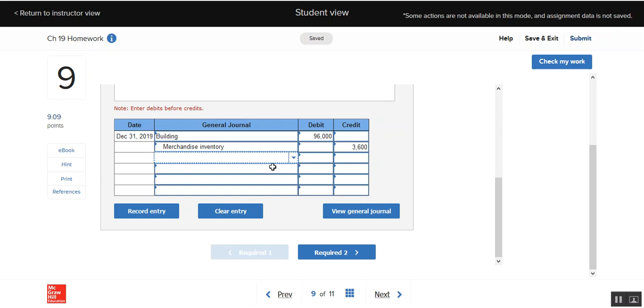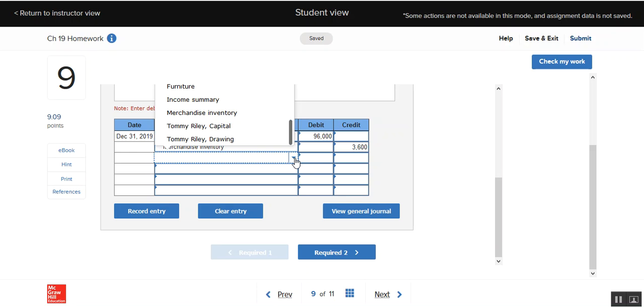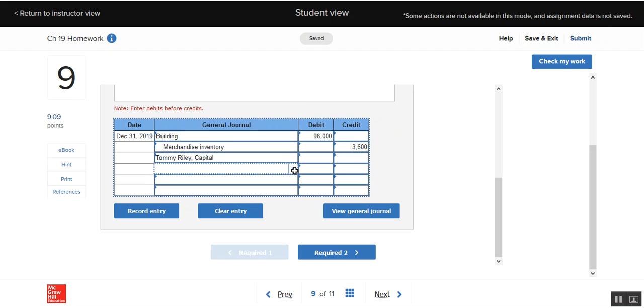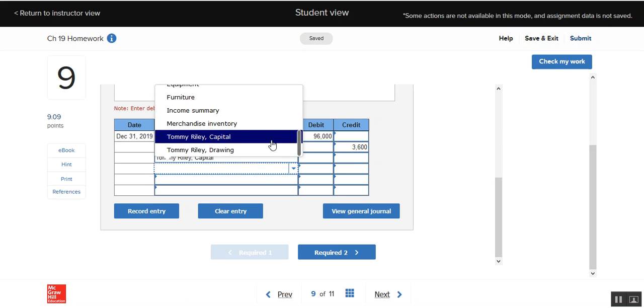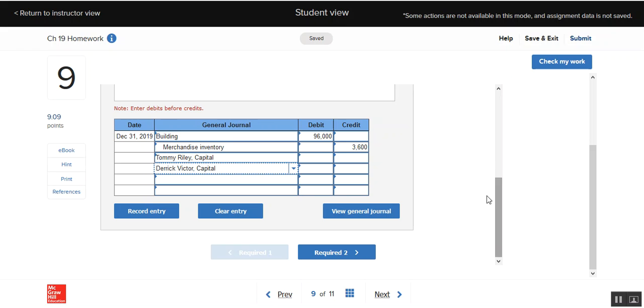So the next thing we're going to do is we've changed the valuation, and this happens before we're going to transfer anybody's capital. So we've changed the valuation of 2 assets, and we're going to allocate that change to each of the partners. So Tommy Riley capital and Derek Victor capital.